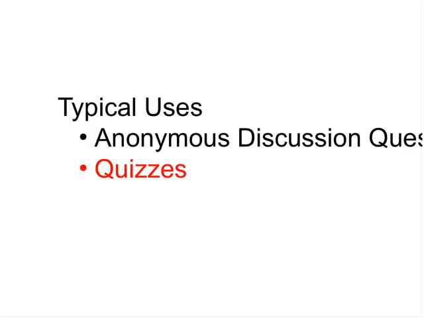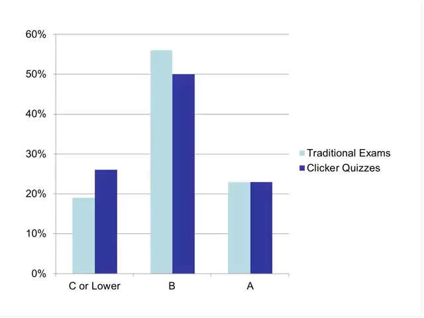I did a little back-of-the-envelope study by comparing the grade distribution in classes where I used clickers for grading and in classes where I didn't, and I took a bunch of classes, and I came up with this. So what we see here is that the students do a little bit worse when using clickers as opposed to traditional exams.